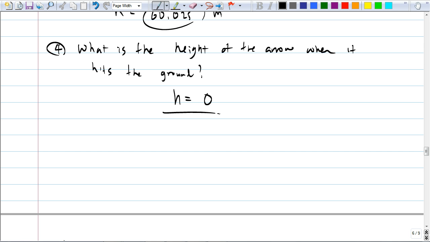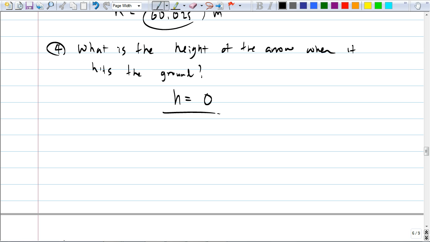Have you noticed on one of your homework problems, when something goes up in the air, it says, how long does it take to come back to the ground? When something goes up in the air and comes back to the ground, guess what? The height of that object is 0. Okay, then we'll go over that. Does that make sense, guys? So this is another way of them saying the height equals 0.